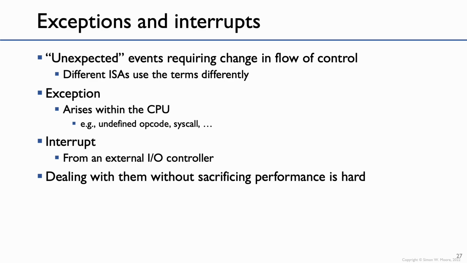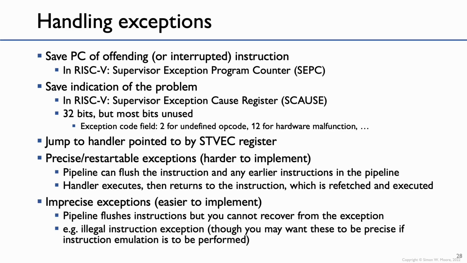Dealing with these without sacrificing performance is also hard, and let's look at the issues in a little bit more detail. Firstly, handling exceptions. In order to handle an exception, we need to save the program counter of the offending or interrupted instruction into the supervisor exception program counter register, so that we can return from the exception if we're able to do so without impacting the application that's being run.